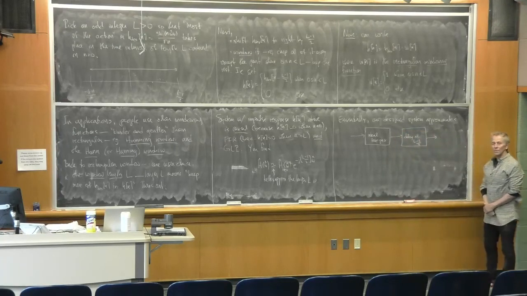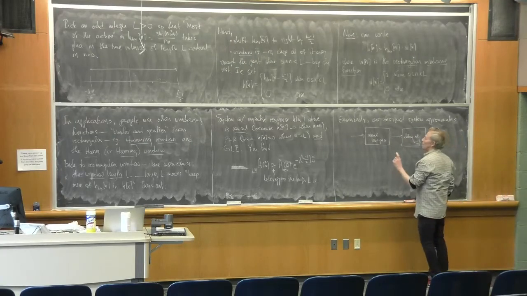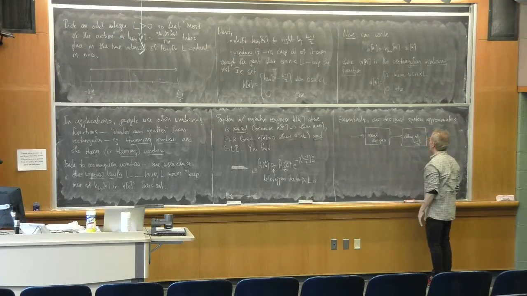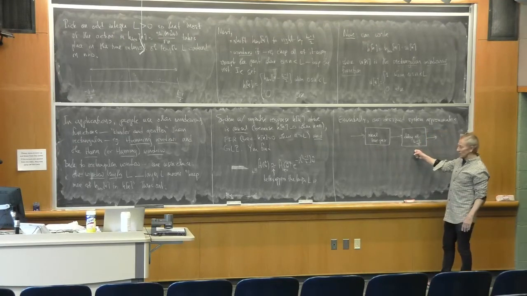Okay? The bigger L is, the better the approximation of the magnitude is to that of an ideal low pass, but the longer the delay is.